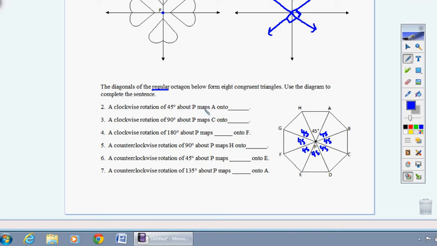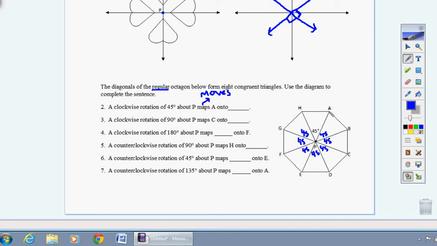Now when it says a clockwise rotation of 45 degrees about P, remember about means around P, maps. Remember that word maps just means moves. So a clockwise rotation of 45 degrees about P moves A onto what point?